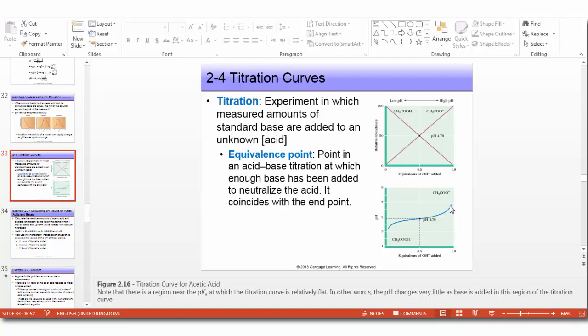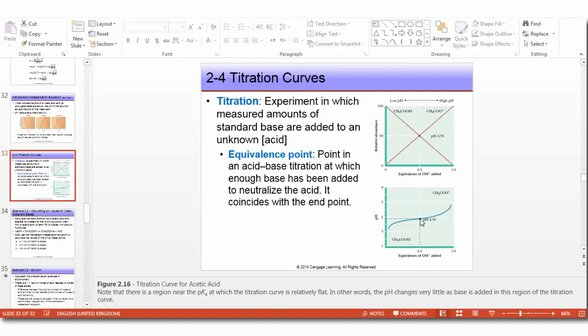Now as we saw in our discussion of the Henderson-Hasselbalch equation, the pH value equal to the pKa corresponds to a mixture with equal concentrations of the weak acid and its conjugate base. So in this case, both acetic acid and acetate ion exist, and the pH at the inflection point is equal to the pKa of the acid, as we can see here.